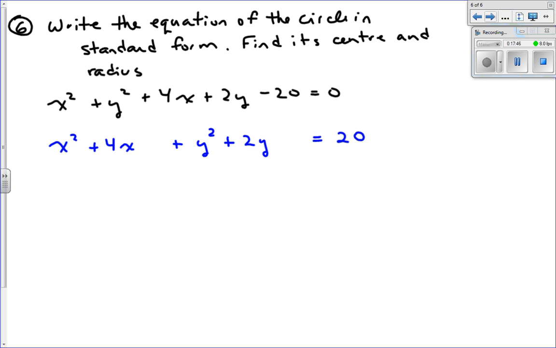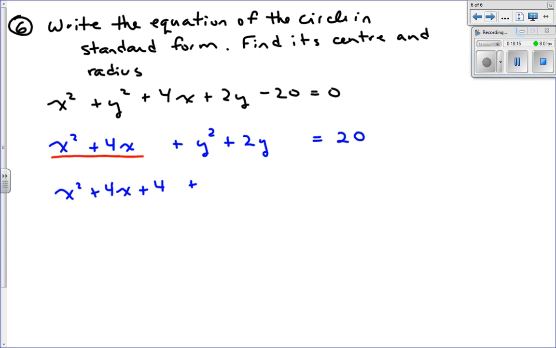Then we'll take a look at the x terms and decide what we need to add to make that into a perfect square. And remember, we take the coefficient of the x and divide it by 2 and then square it. So that then we can say x² + 4x + 4 is now a perfect square.